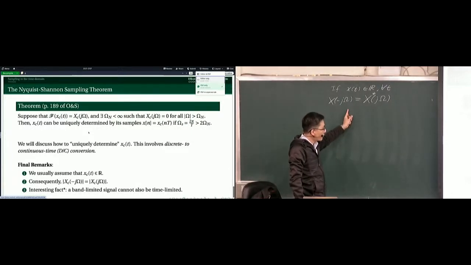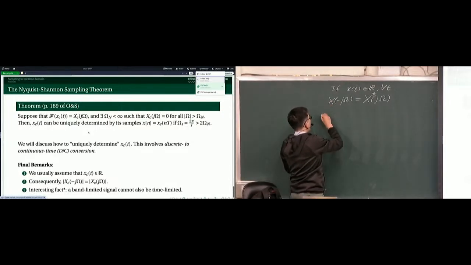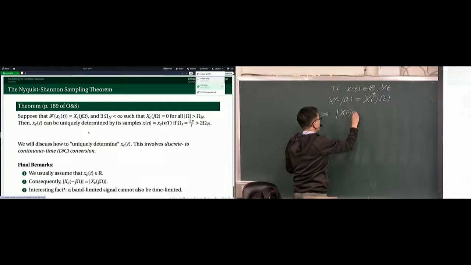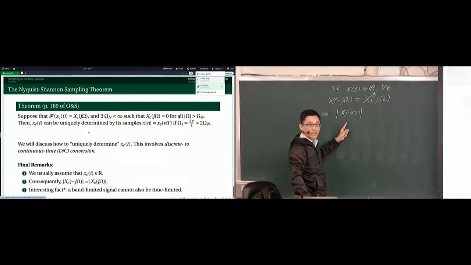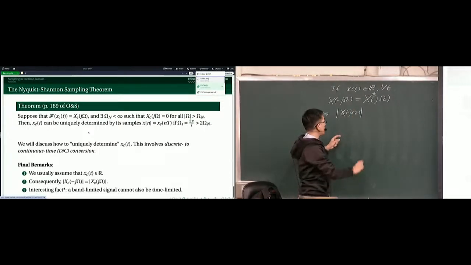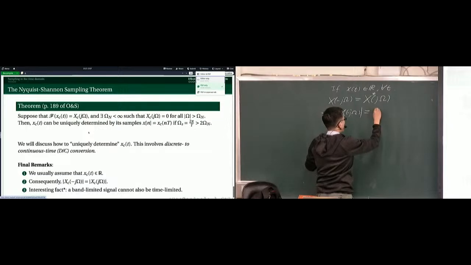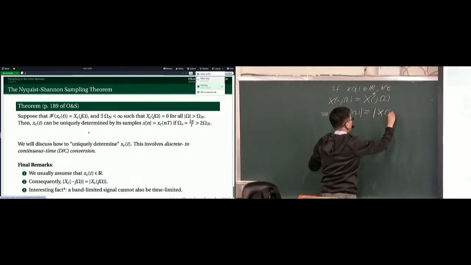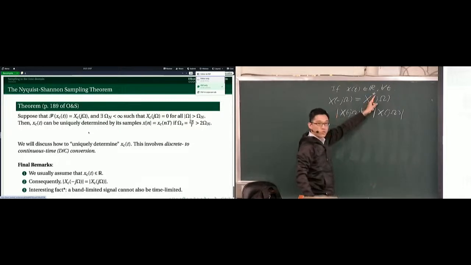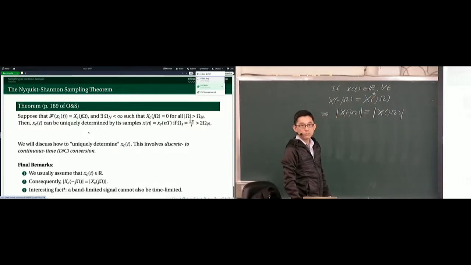And because of that, if you take the absolute value, we're talking about the magnitude spectrum. The magnitude spectrum is going to be symmetric around frequency 0, because the complex conjugate has the same absolute value, right?